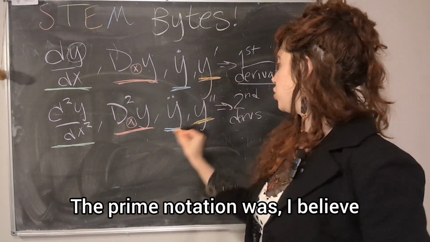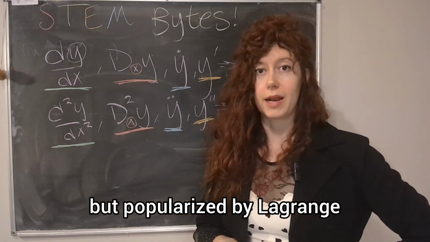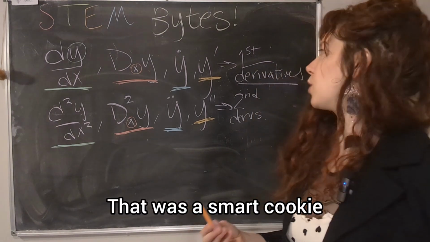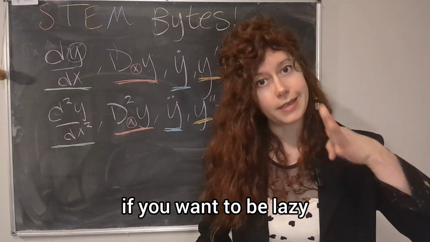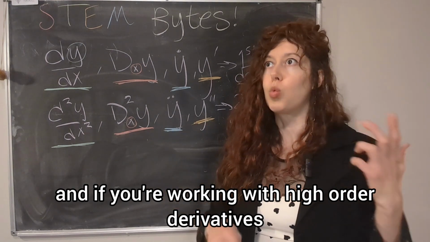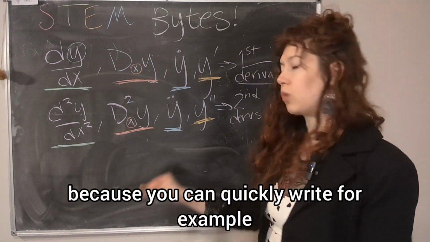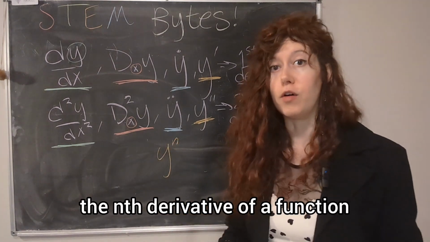And finally, we will use orange for this last one. The prime notation was, I believe, invented by Euler, but popularized by Lagrange. Again, big name in mathematics. That was a smart cookie. So the prime notation is really helpful if you want to be lazy and if you're working with high order derivatives, because you can quickly write, for example, the nth derivative of a function.